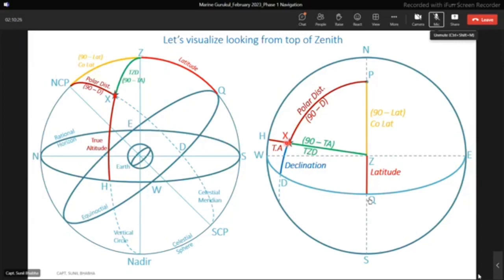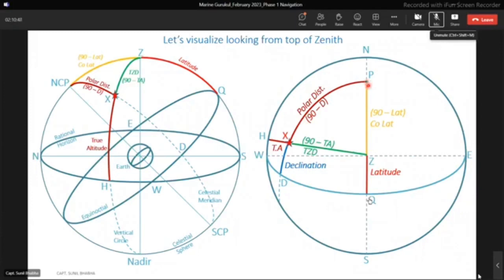Now we are also able to identify and find out two of the angles of this particular triangle. The first angle which we are able to easily correlate and find out is angle P in this PZX triangle.